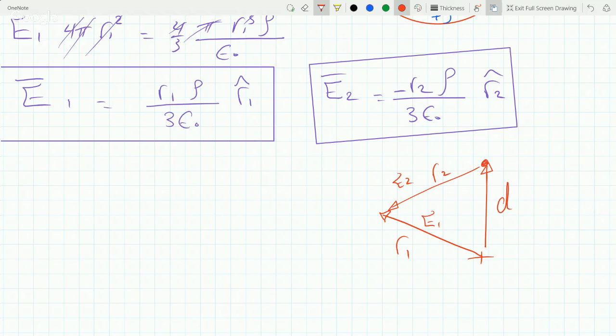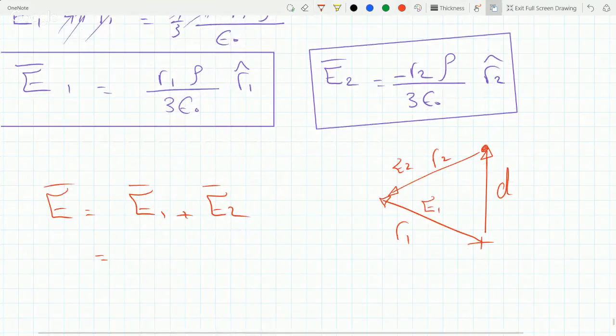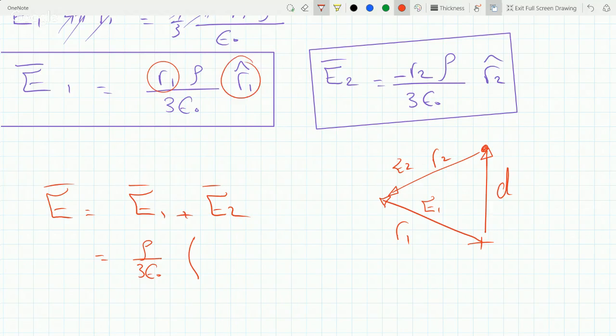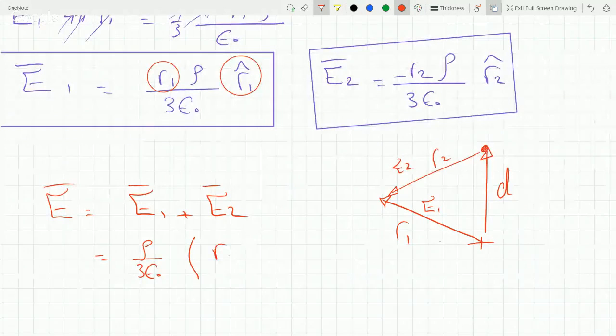Okay, and so my E will just be E1 plus E2 as vectors in the region of overlap, because there are two fields. So this will be rho over 3 epsilon, and then factor that out. I can combine these into just the r1 vector minus the r2 vector.